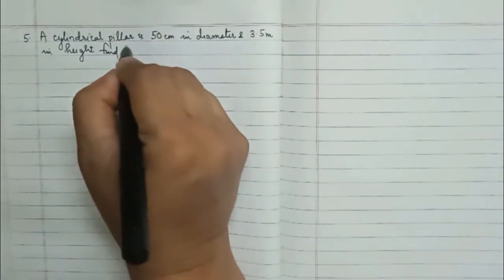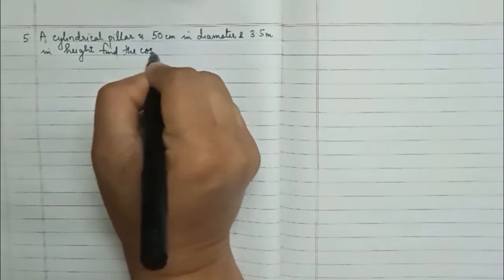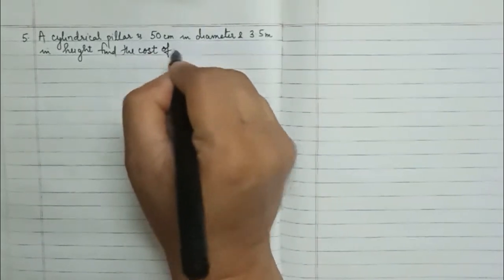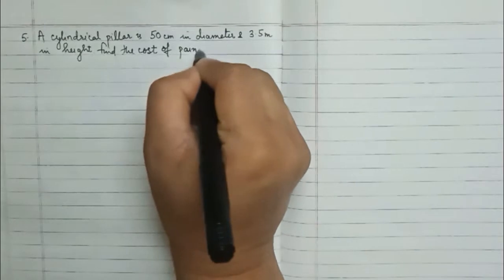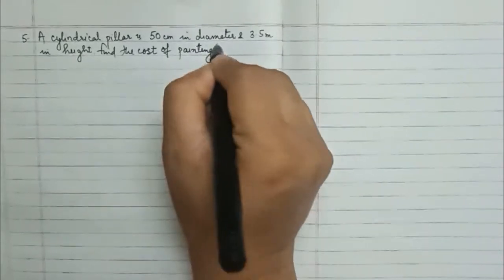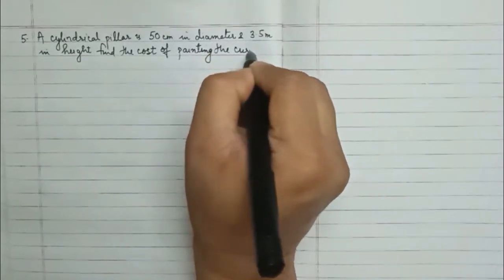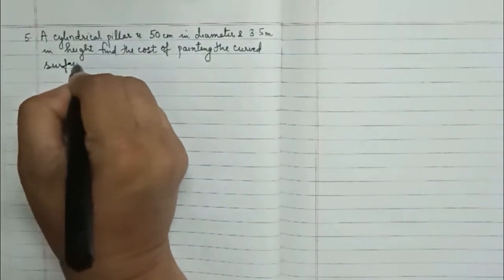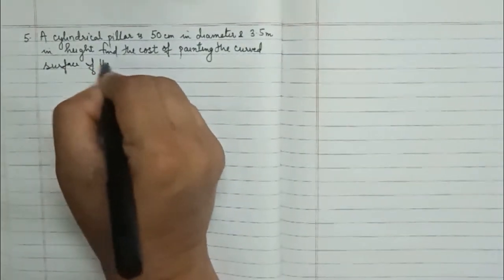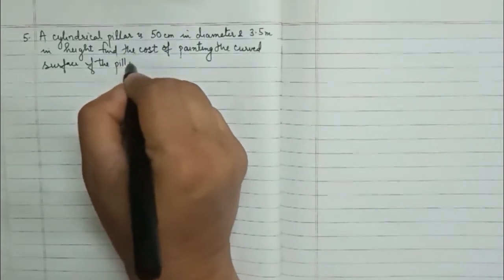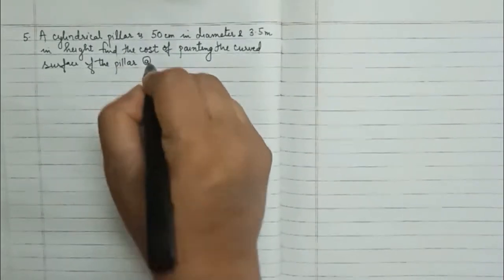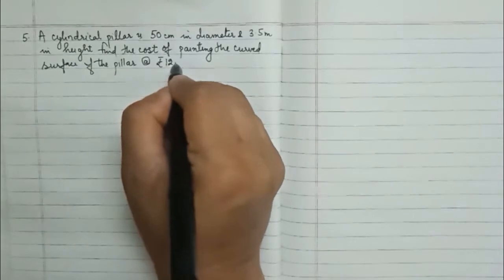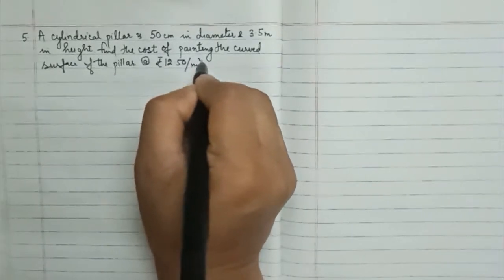Find the cost of painting the curved surface of the pillar at the rate of rupees 12.50 per meter square.